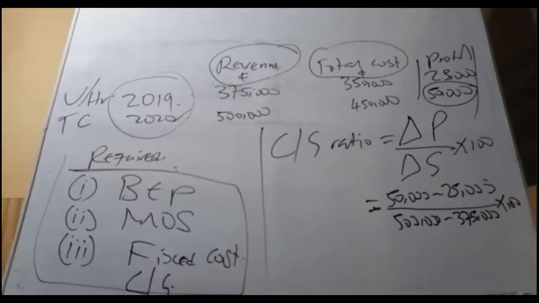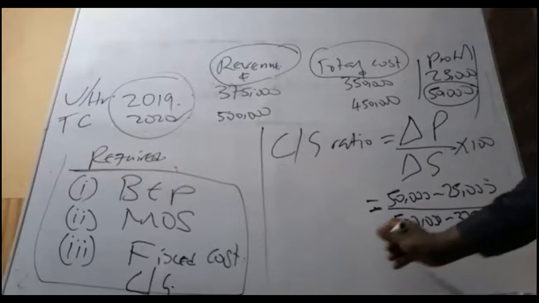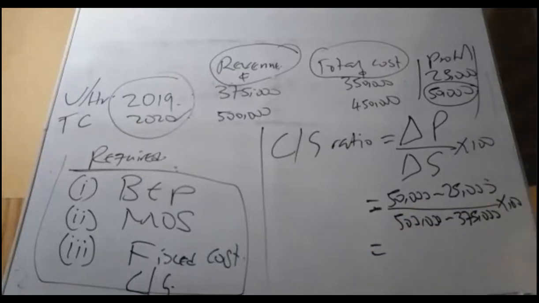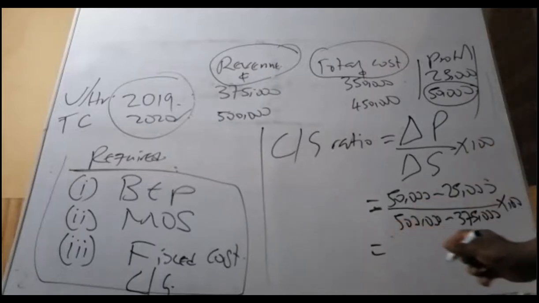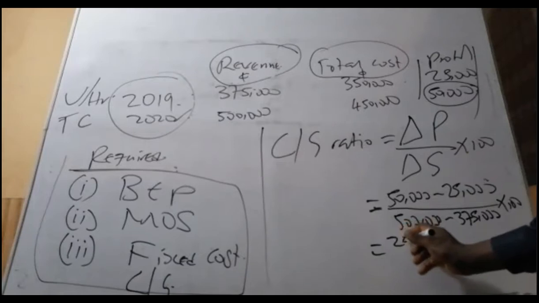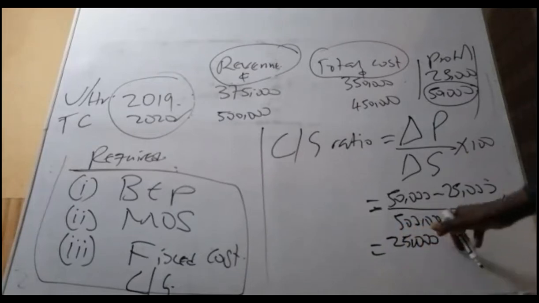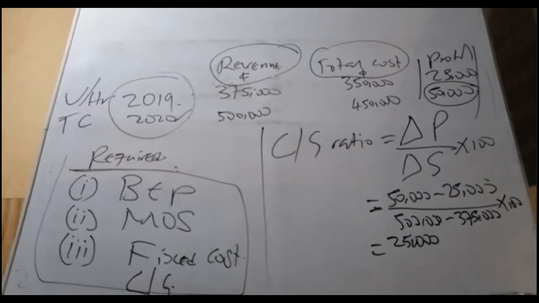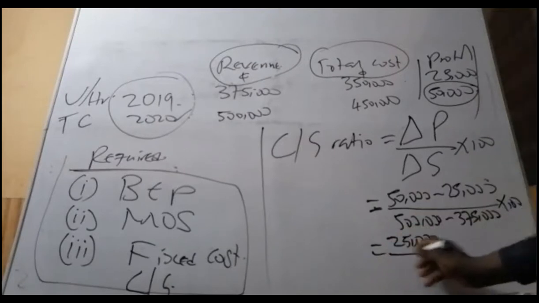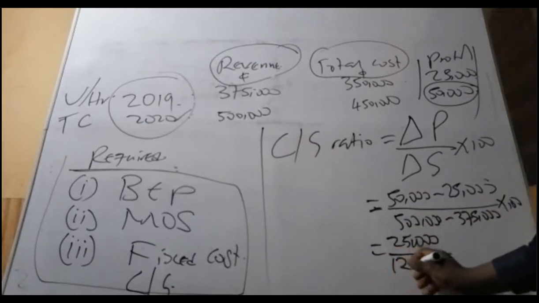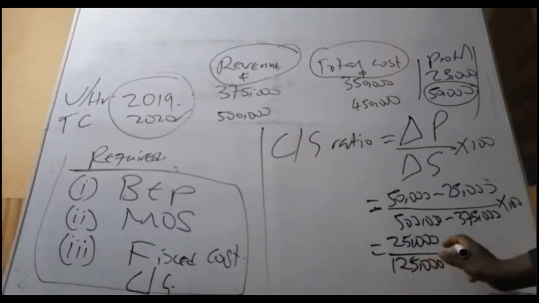What's the CS ratio? So which is equal to 50 minus 25. That will be 25,000. And 500 minus 375 will give us 125, so all divided by 125,000.